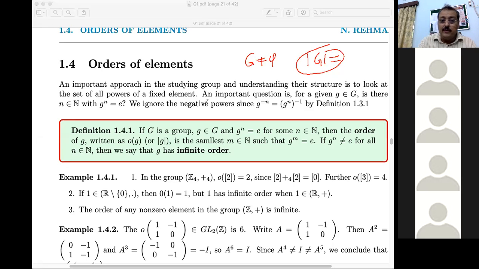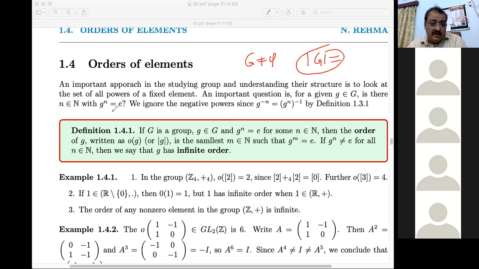So an important approach to studying a group, understanding its structure, is to look at the set of all powers of a fixed element. An important question is, for a given g belongs to G, is there some natural number, some positive integer n, with g to the power n equal to identity?